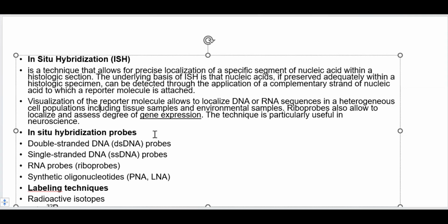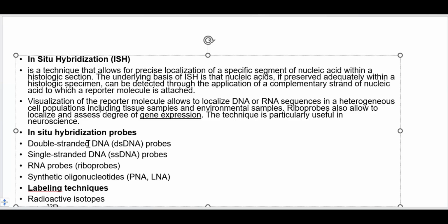Visualization of the reporter molecule will tell you about the DNA or RNA sequence present in the cell population, and the probe will find the location of the particular gene sequence you are concerned with.